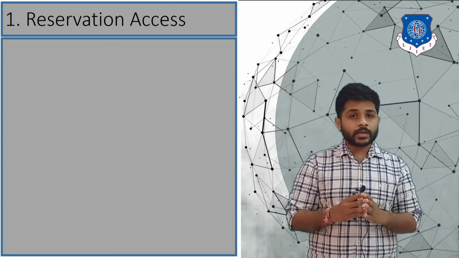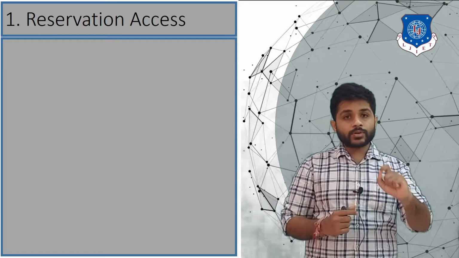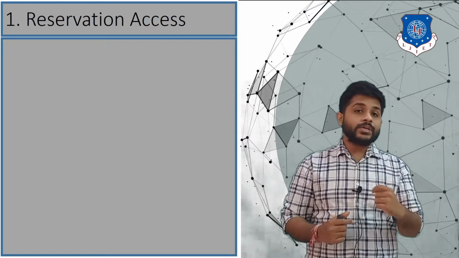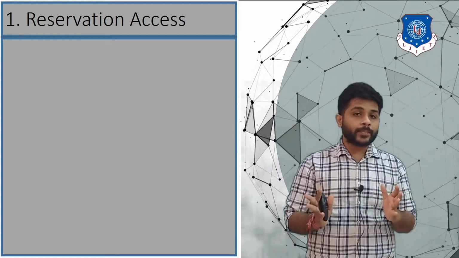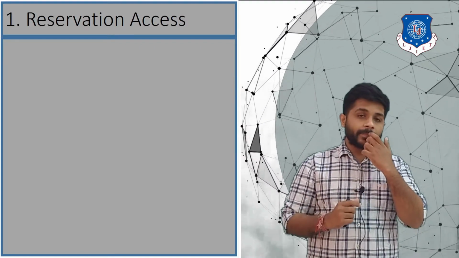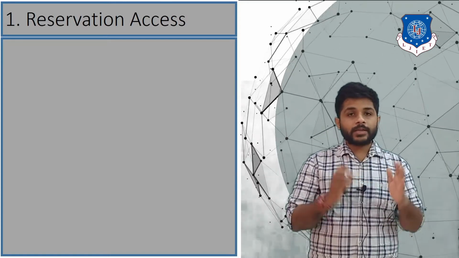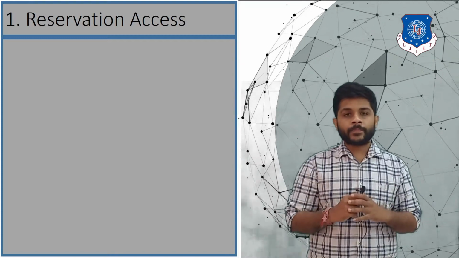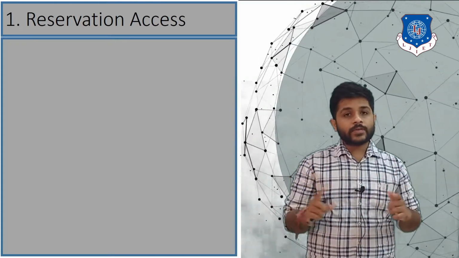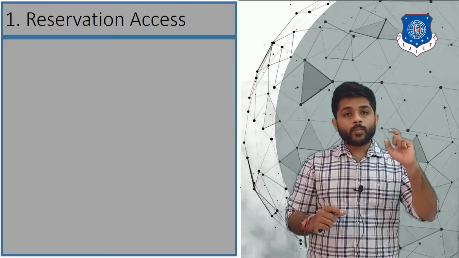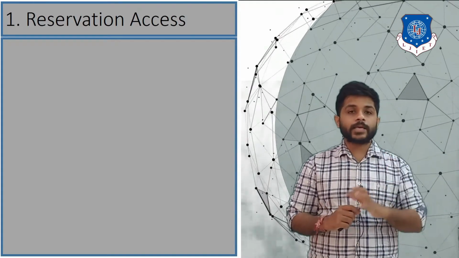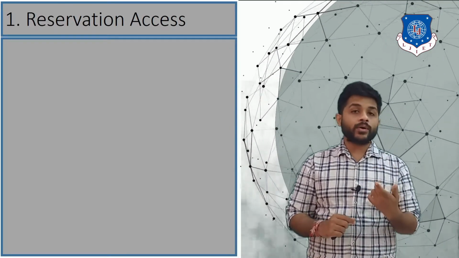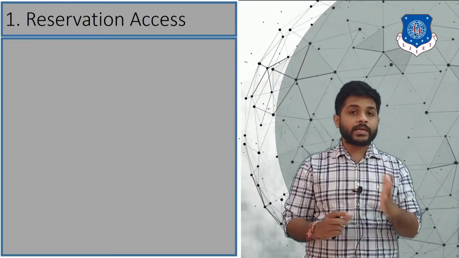If any station wants to send data, it has to make a reservation before sending. For example, the length of the reservation period is 5 seconds and there are 5 devices, so each device has a particular reservation slot of 1 second. In that 1 second, it has to announce whether it wants to send data or not.